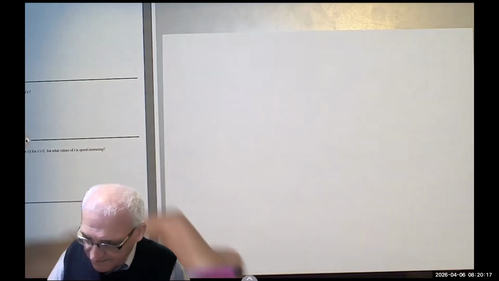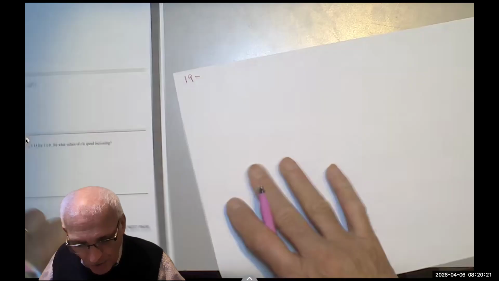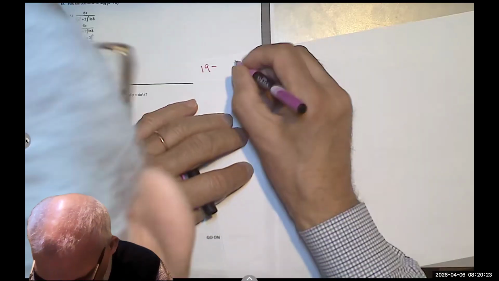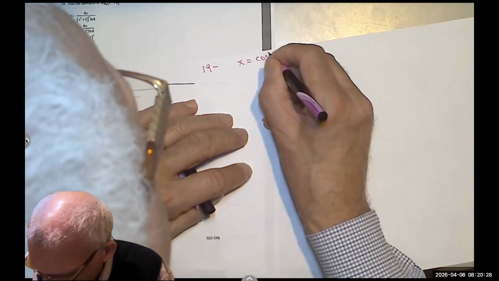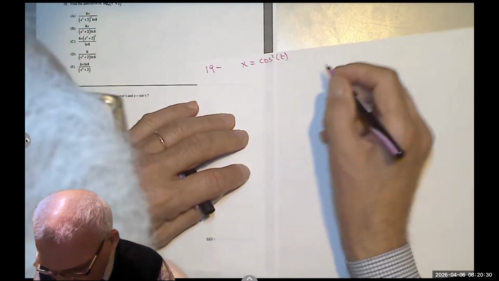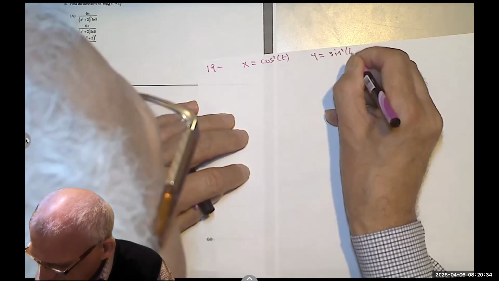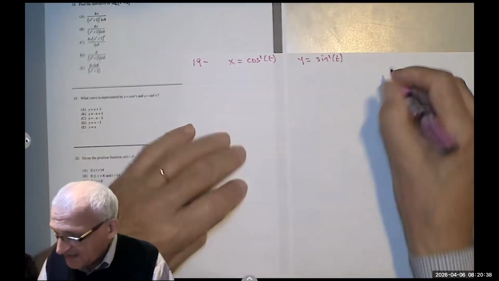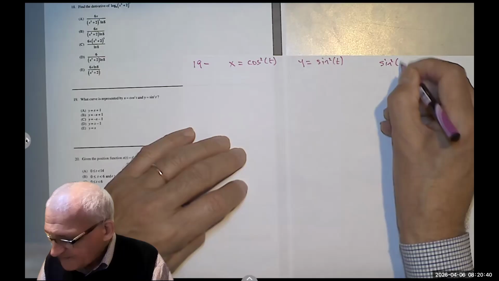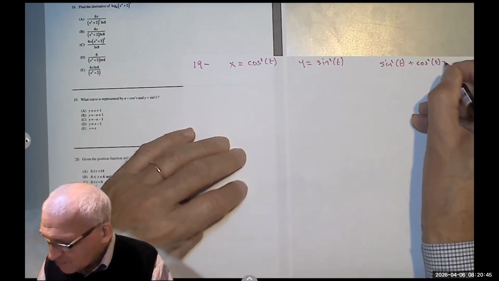Number 19. What curve is, oh, that seems to be ridiculously easy, right? x is cos squared t and y is sine squared t. So it's a parametric equation, but we know that sine squared t plus cosine squared t equals 1.